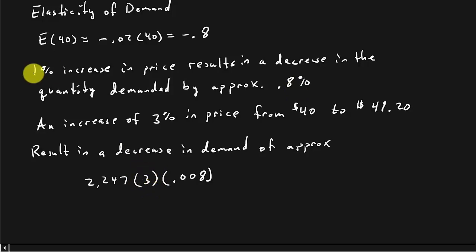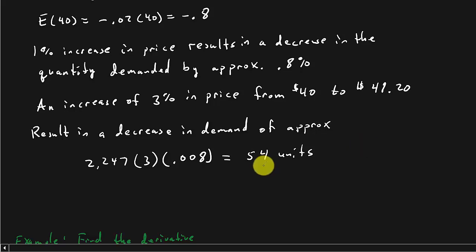So we multiply this by 3, and that gives us 54 units. That would be the decrease in demand of approximately 54 units. So that would go from 2,247 to 2,247 minus 54, which is 2,193 units. And there you go.